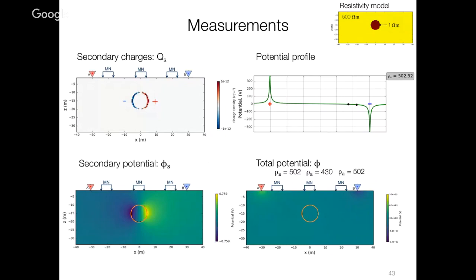So we really want to be as close as possible to the surface of the Earth, and then we probably move along. What we'd see here is that measurements here are going to be pretty sensitive to the existence of this target, and especially this guy that's sitting right here.